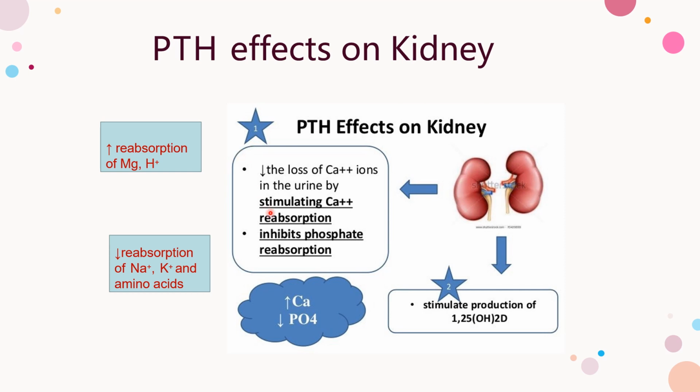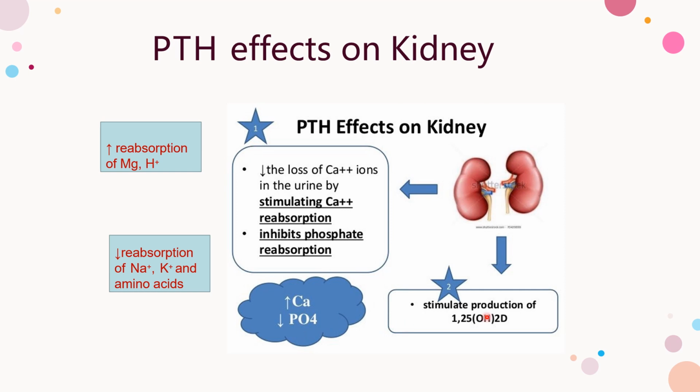The effects are decreasing the loss of calcium ions in the urine by stimulating calcium reabsorption and inhibiting phosphate reabsorption. This is the main thing: stimulating calcium reabsorption and inhibiting phosphate reabsorption so that phosphate is excreted in urine. So increase calcium, decrease phosphate.